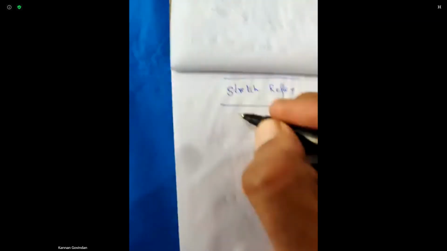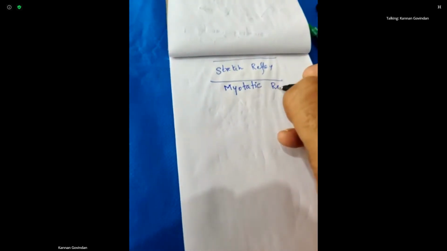Okay. Now we will see stretch reflex. What is meant by stretch reflex? Stretch reflex is a major posture regulating reflex, otherwise called myotatic reflex.